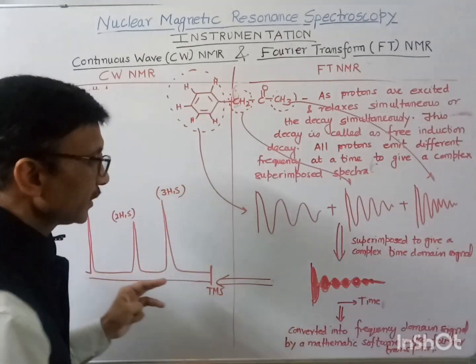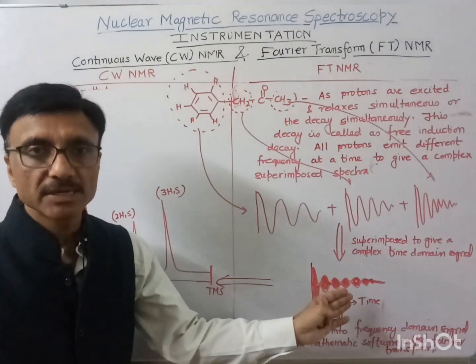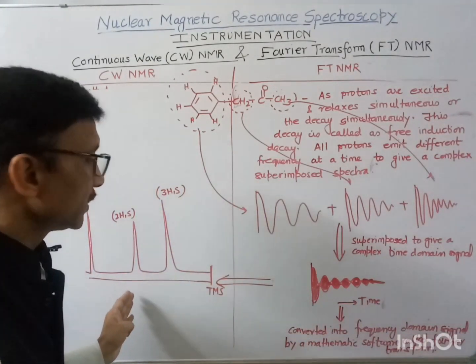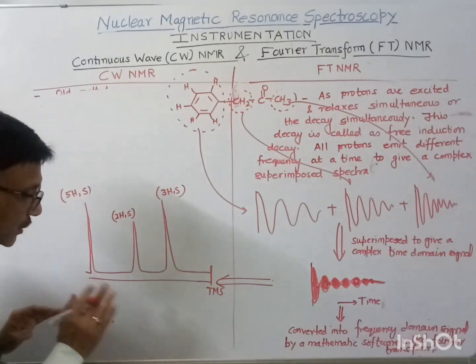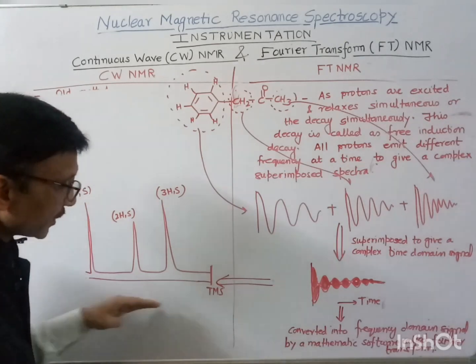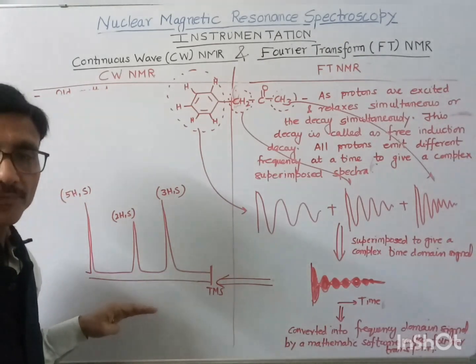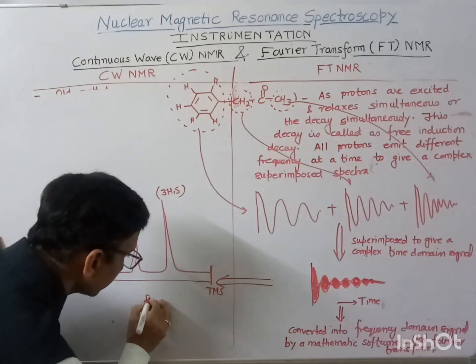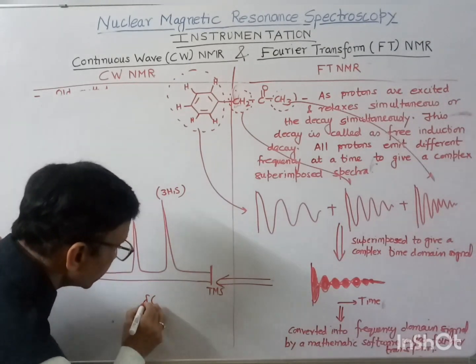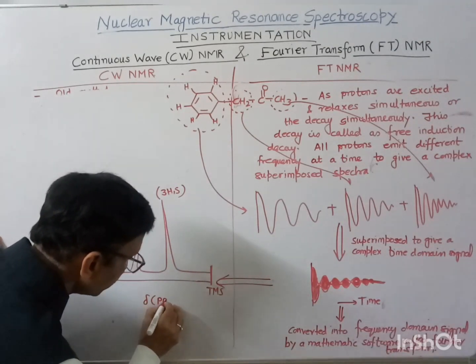In this way, the overlapped signal is converted into separate signals, and we get the signal not in terms of frequency but in terms of chemical shift, represented in delta, that is in ppm.